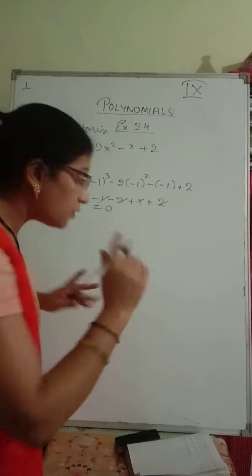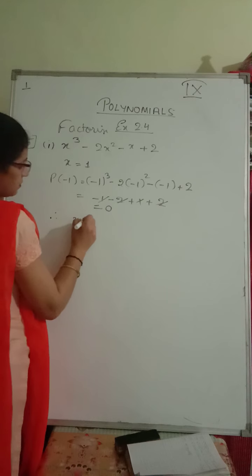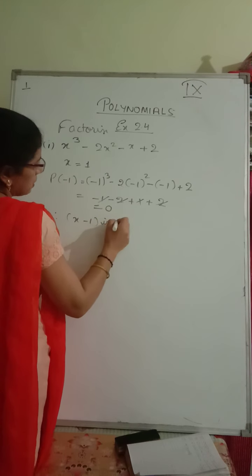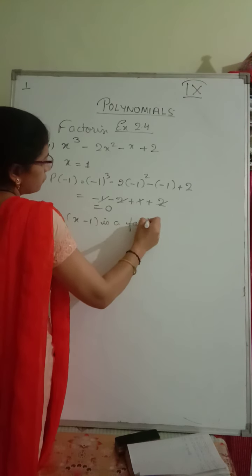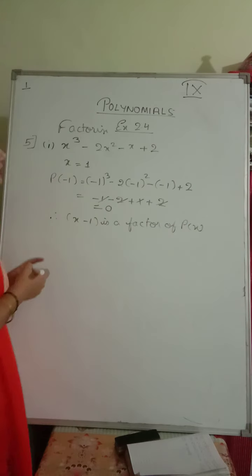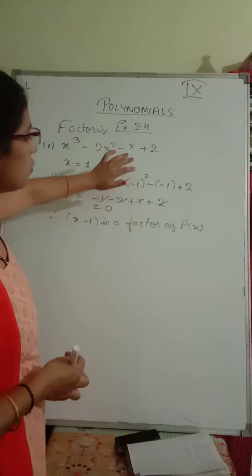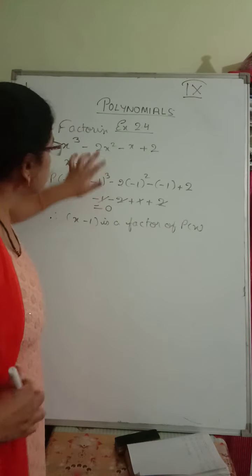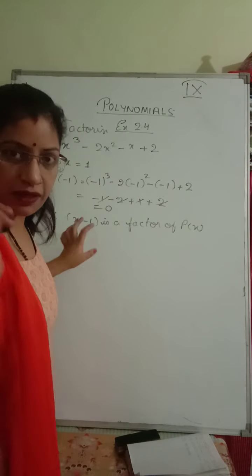Therefore, x minus 1 is a factor of polynomial p(x). If it is a factor, then if we divide this polynomial by x minus 1, the remainder will be 0.